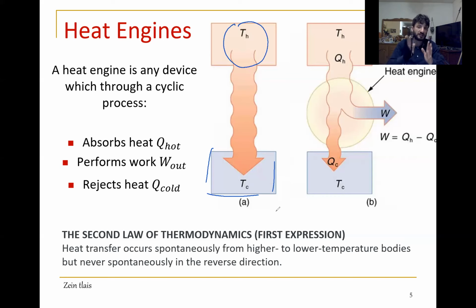So in a real process, heat can go from the higher temperature to the low temperature, but you cannot go spontaneously from the low temperature to the high temperature. It's not reversible, it's irreversible. This is the second law of thermodynamics.